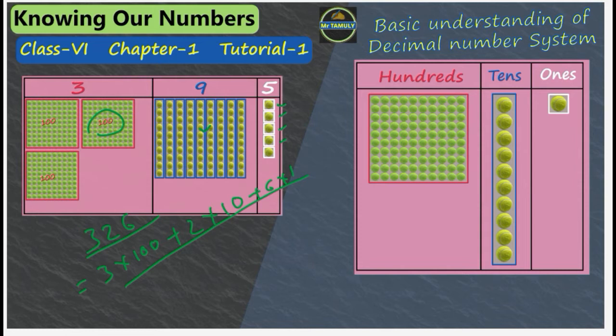So what I will advise you to remember is the sets of tennis balls, so that you won't forget the concept. Okay, so there is a second important concept about the decimal number system that we need to understand. For that we shall look into a few more examples.